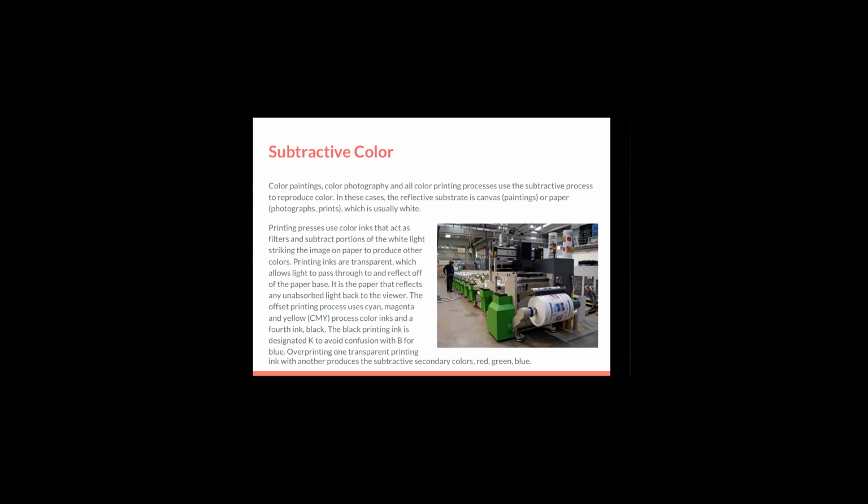The offset printing press uses cyan, magenta, and yellow, CMY, process color inks, and a fourth ink called black, so CMYK. The black printing ink is designated K to avoid confusion with B for blue. Overprinting one transparent printing ink with another produces the subtractive secondary colors red, green, and blue.